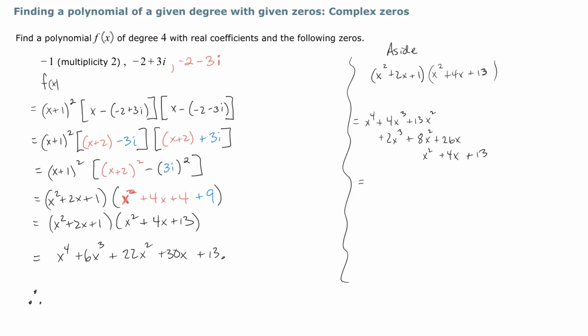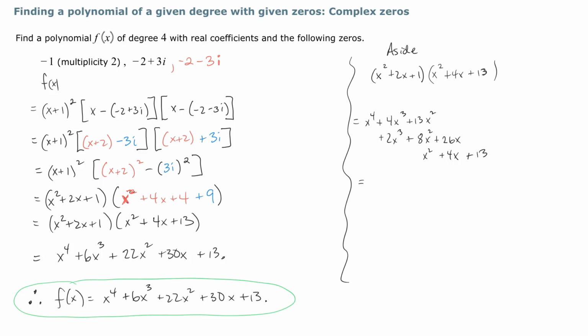Therefore, f of x is equal to x to the fourth plus 6x to the third plus 22x squared plus 30x plus 13. Make sure you show your work. Even though I'm going to circle the final answer, make sure you can provide the work. So, circling the final answer as well.